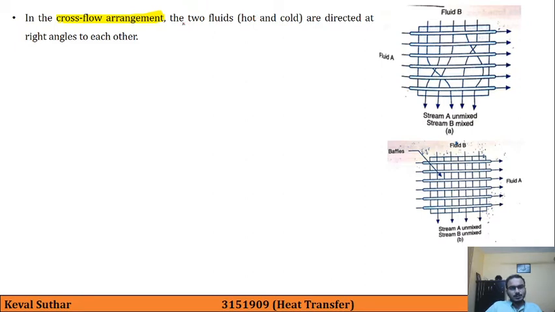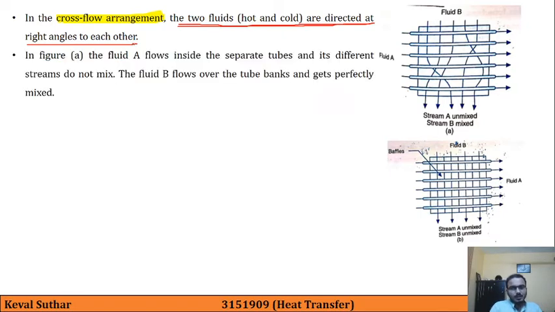Here the two fluids, hot and cold, are directed at right angles to each other. First we will focus on figure A. Fluid A flows inside separate tubes, that is, the fluid A is passing through these horizontal tubes, and it is leaving through these pipes only.